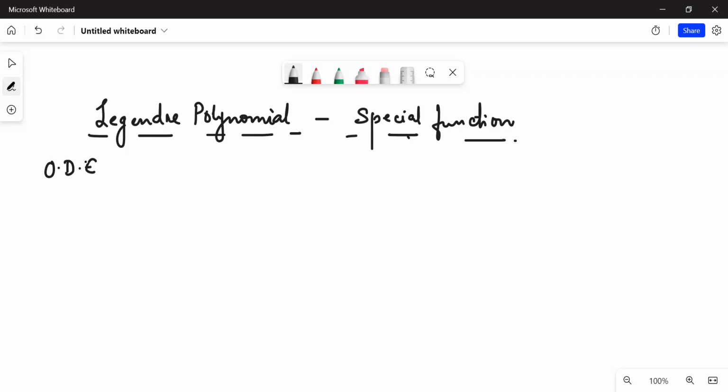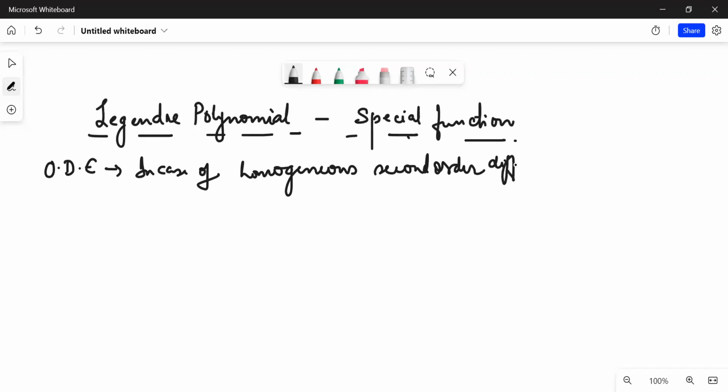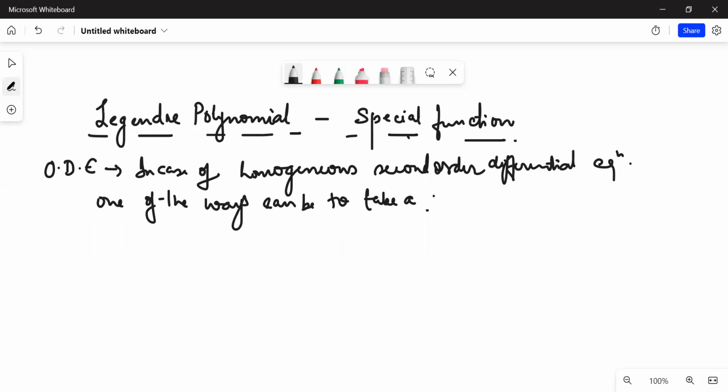Like in the case of homogeneous second order linear differential equations, one of the ways can be to take a solution in the form of a convergent series.